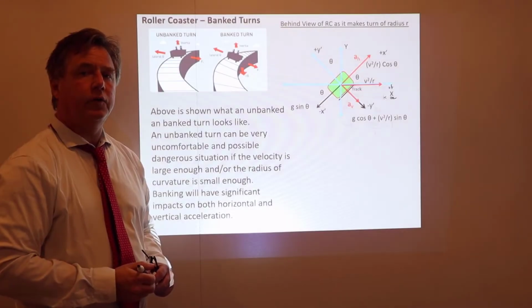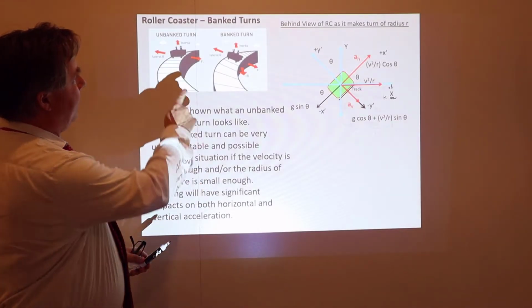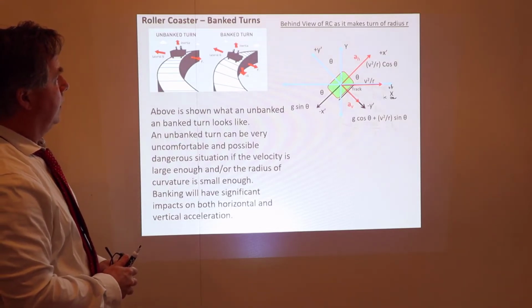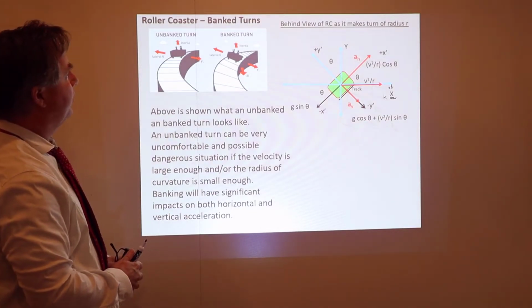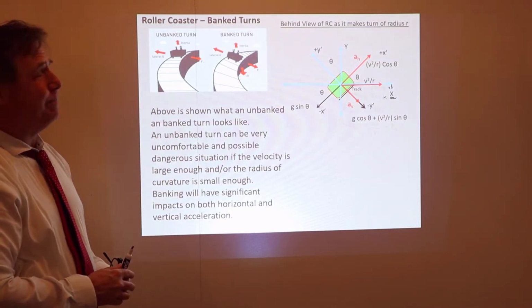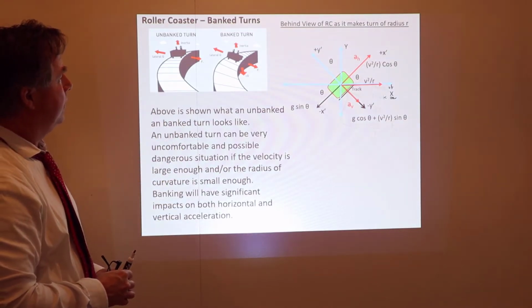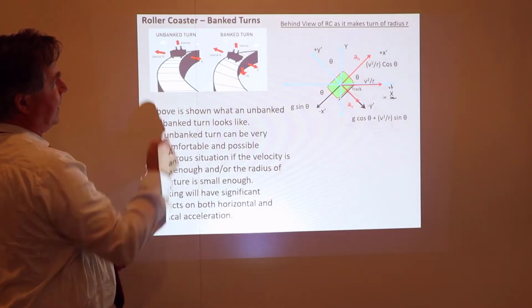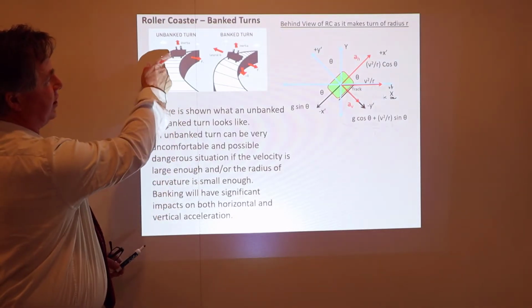Roller coaster turns: unbanked turn, banked turn. It's rare that you'll see a roller coaster make an unbanked turn at a high speed, because such a turn causes very high levels of centrifugal acceleration in this direction.